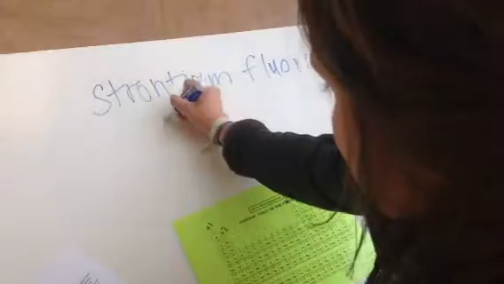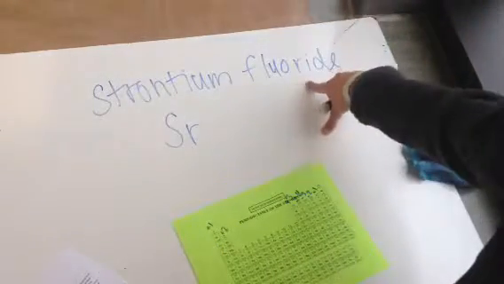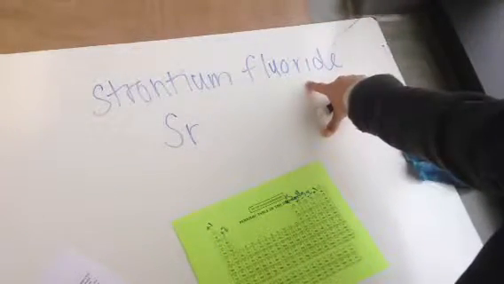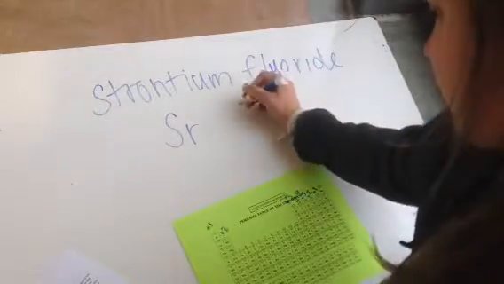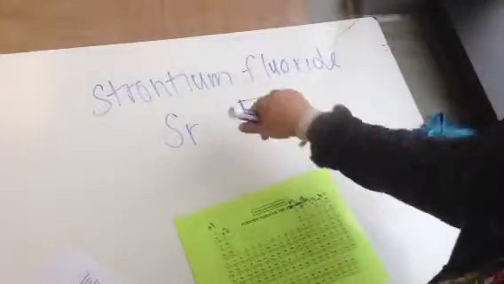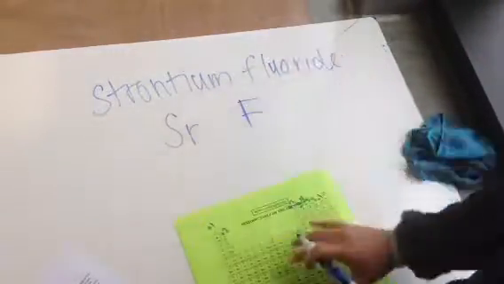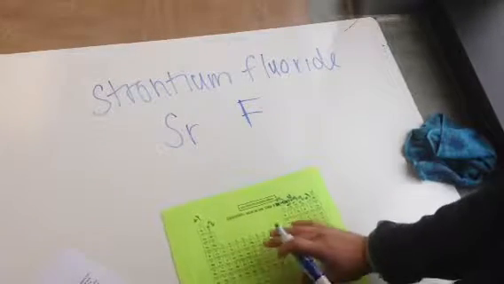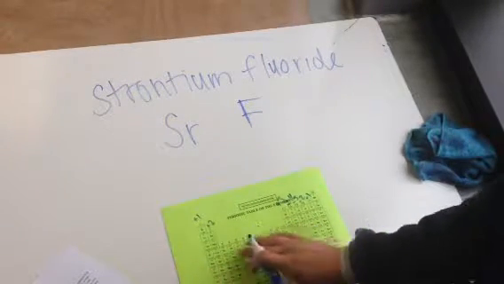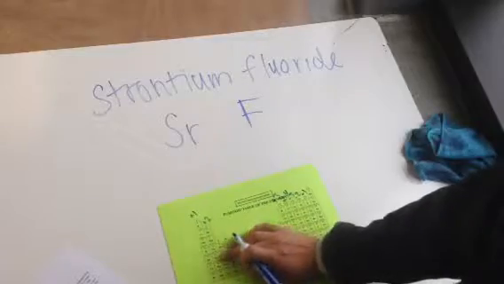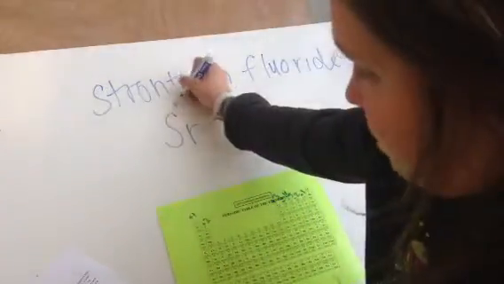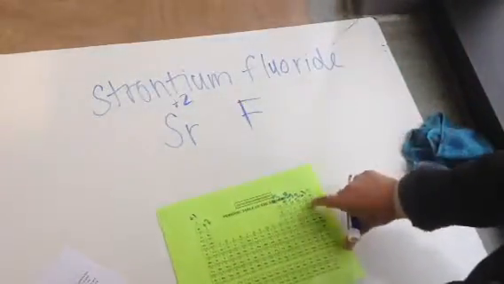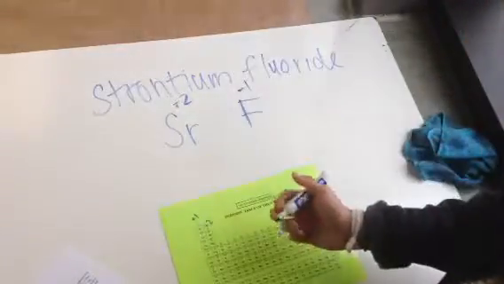So strontium is Sr, and fluoride would be fluorine, which is F. And you just write them in the order that they're written, and then you have to look at the charges for both of those. So if you see on your periodic table, strontium is in group 2, so that's a +2 charge, and fluorine is a -1 charge.